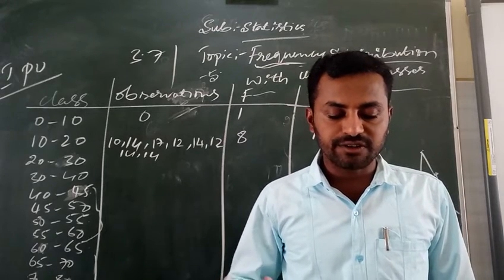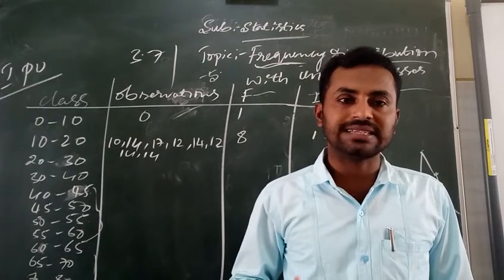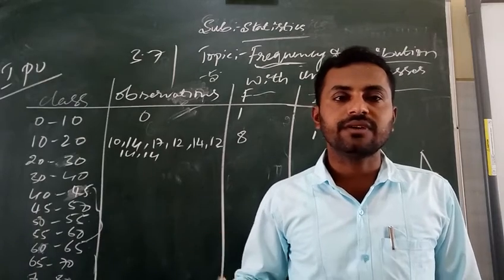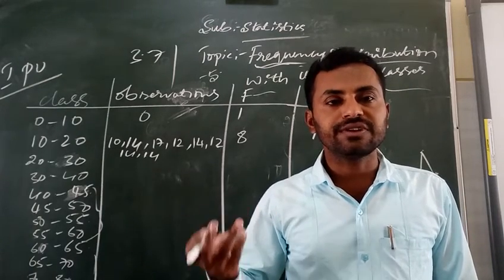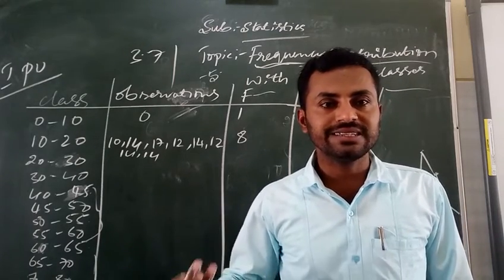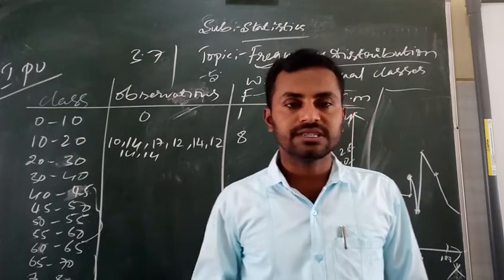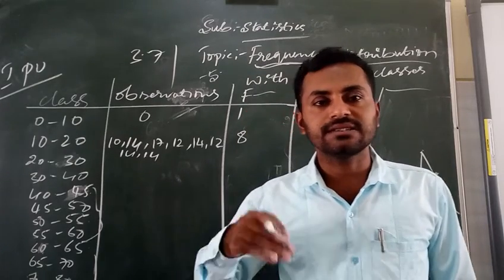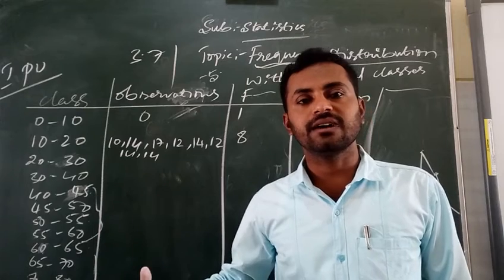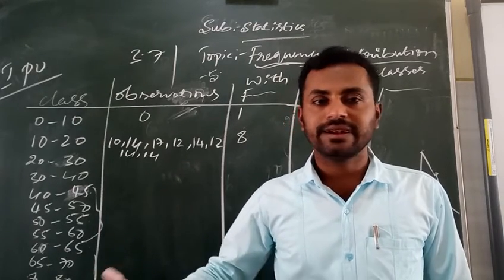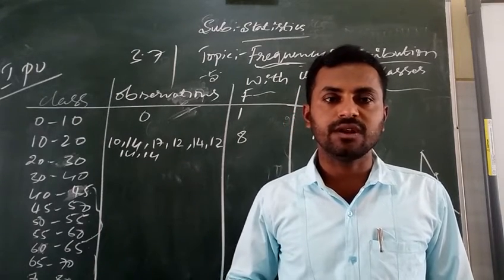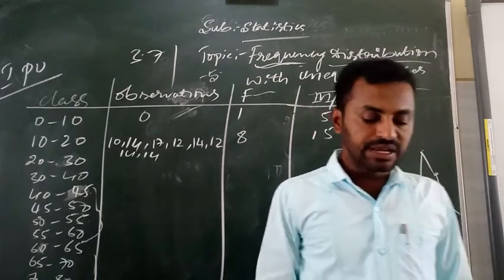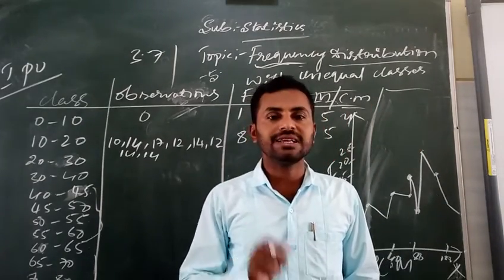Each class of 40 to 50 is split into two classes: 40 to 45, 45 to 50, then 50 to 55, 55 to 60, 60 to 65, 65 to 70. These class intervals are 5, and for the remaining classes the class interval is 10 as usual, the old class interval. Understood? This is the frequency distribution with unequal classes.